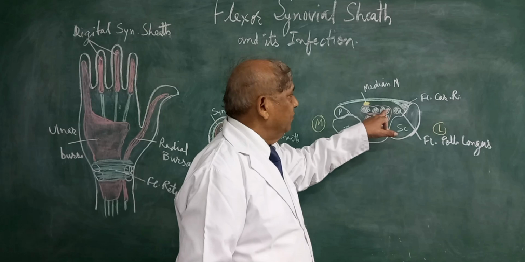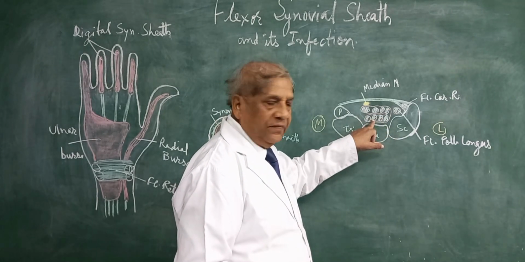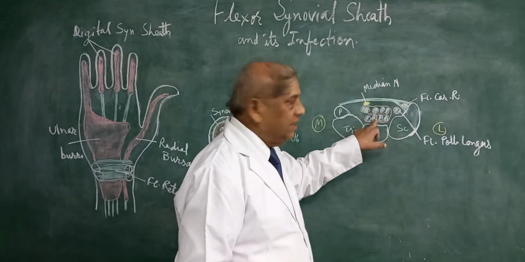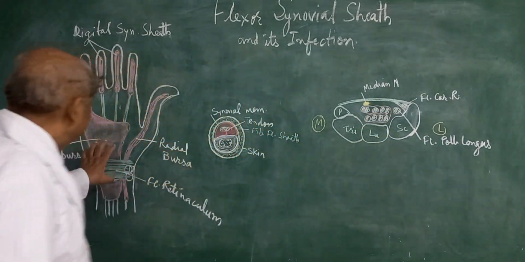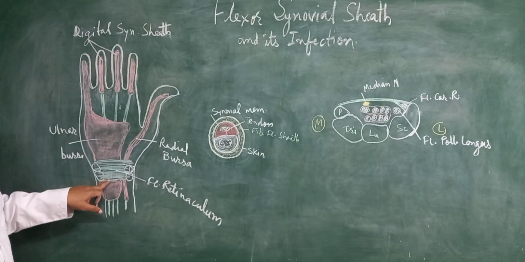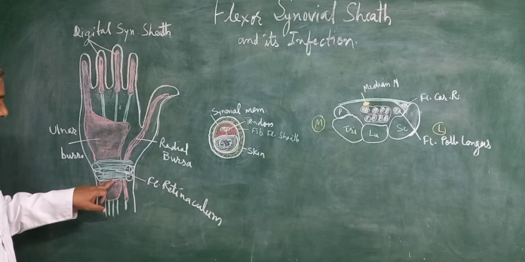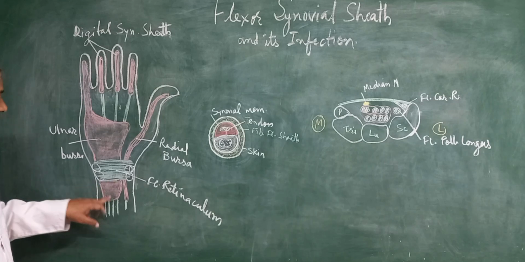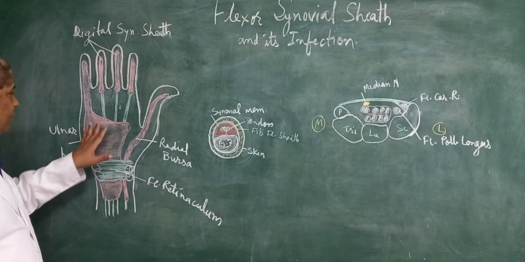For example, the 4 tendons of flexor digitorum superficialis and the 4 tendons of flexor digitorum profundus are in one common synovial sheath. You can see that. This synovial sheath starts about 2.5 centimeters proximal to the flexor retinaculum, and all 8 tendons are enclosed in this synovial sheath.